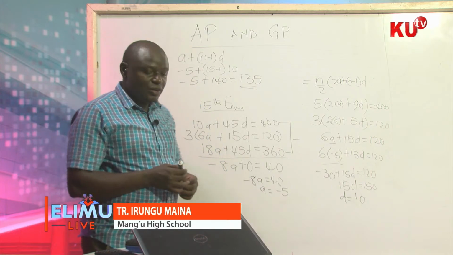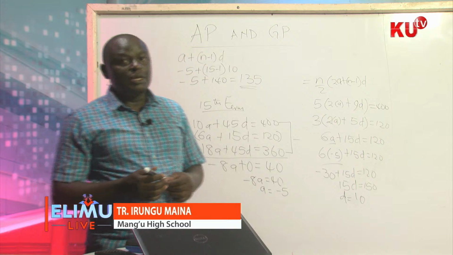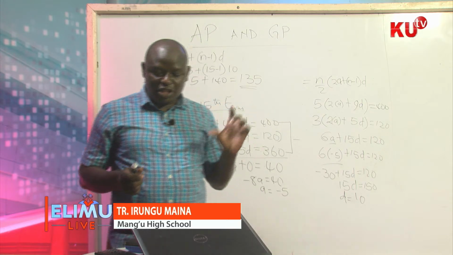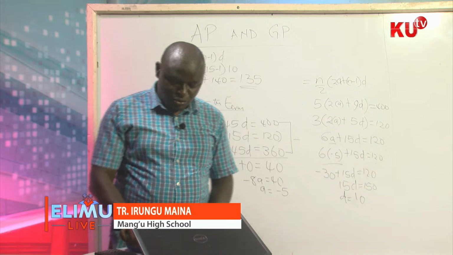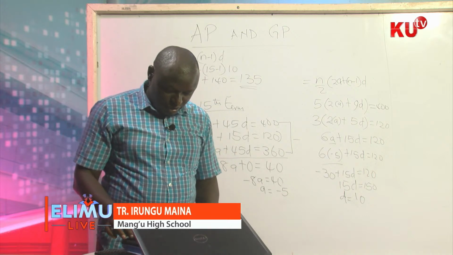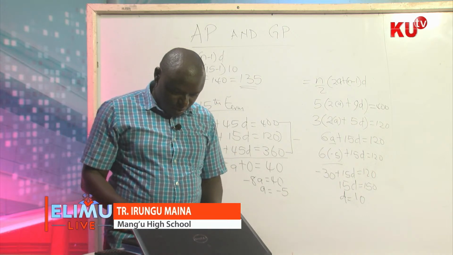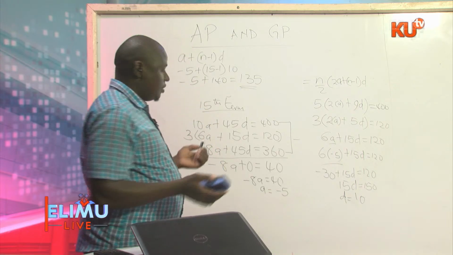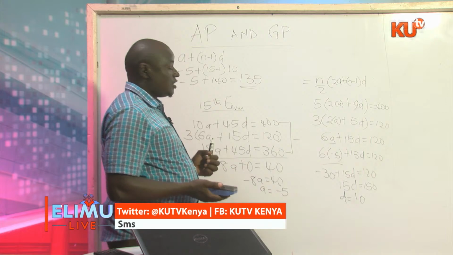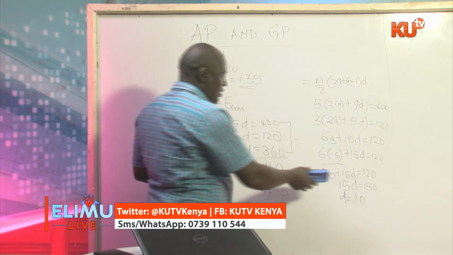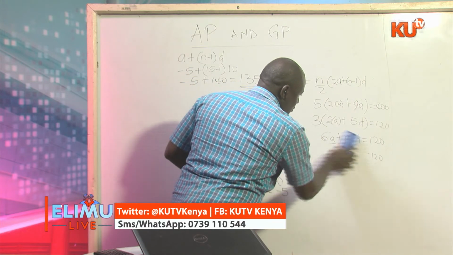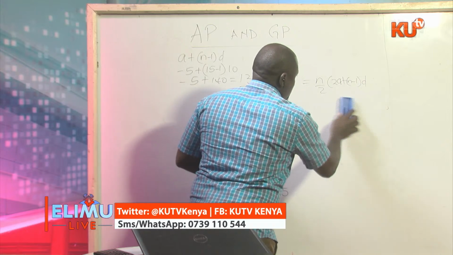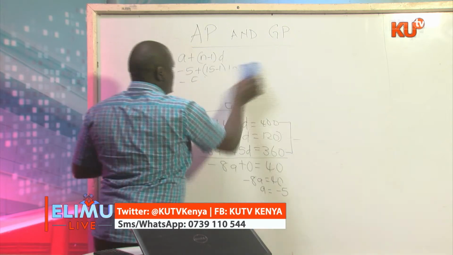I think from that we can do some examples in GP, because we are talking about AP and GP. I want us to look at examples in GP. We can rub this now, hoping that there is no question, and if there is one, you can just allow me to know so that I attend to it immediately.